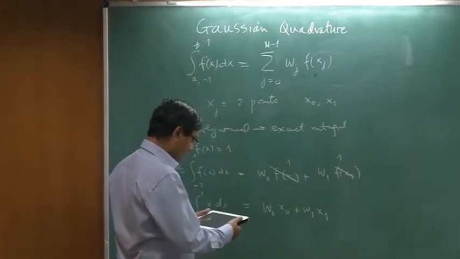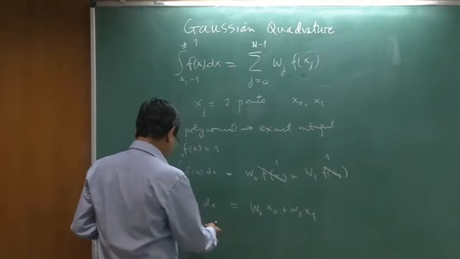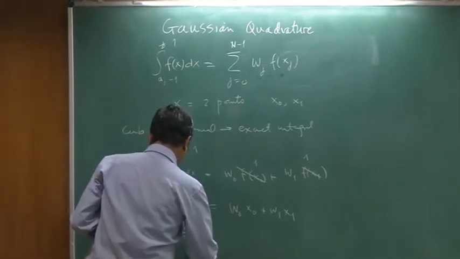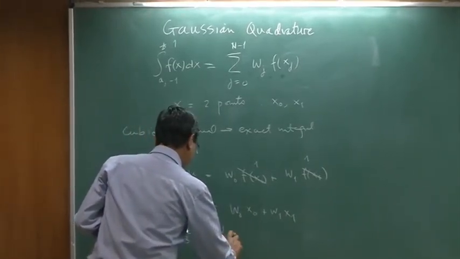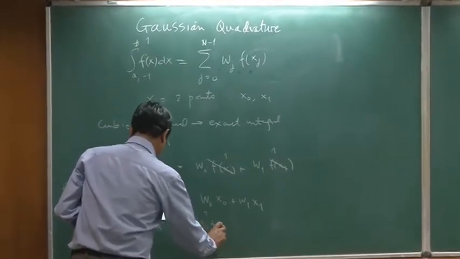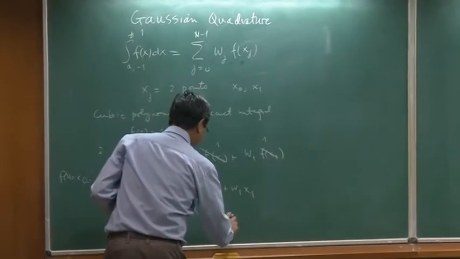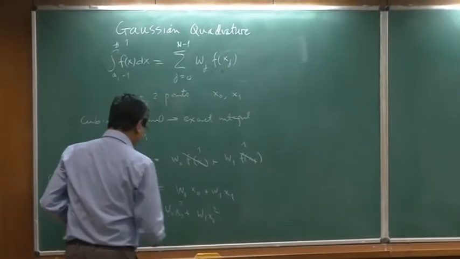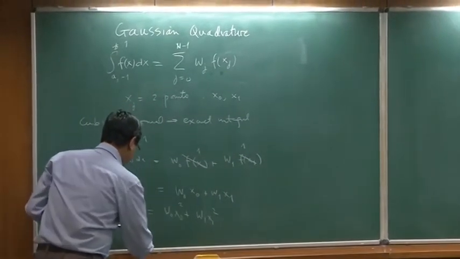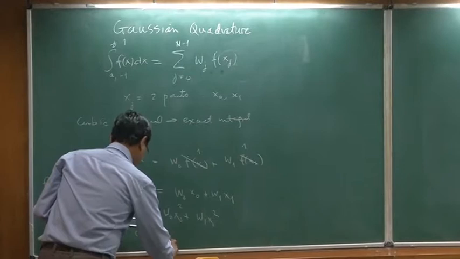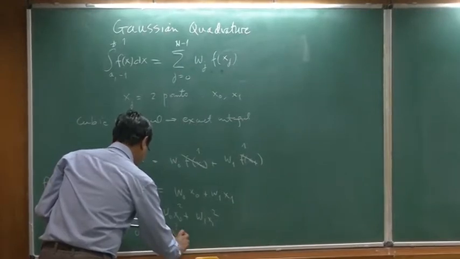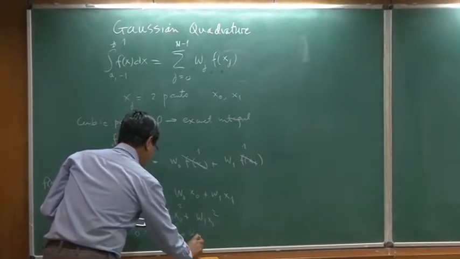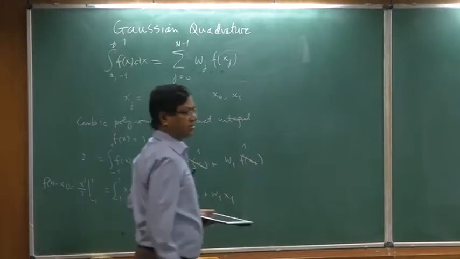For the equation for x cubed, let me just write the equation. The next equation is 2/3 equals w0 x0 squared plus w1 x1 squared, and the last equation I will just put here, 0 is equal to w0 x0 cubed plus w1 x1 cubed.